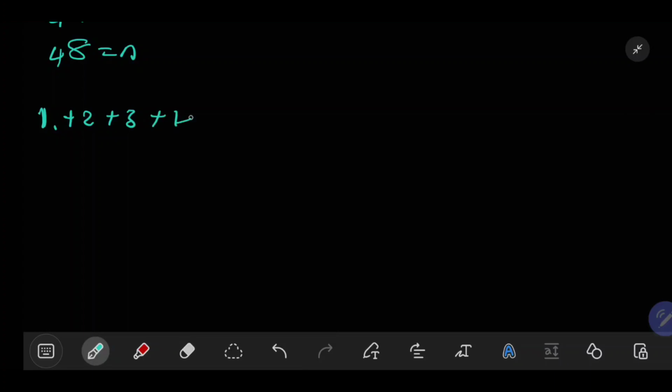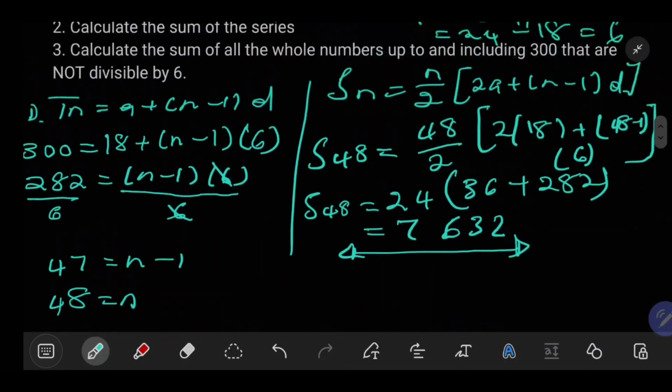Okay, they say all the whole numbers up to 300 or including 300. So it means when they speak of all whole numbers, it's 1. Okay, they want the sum. Okay, it's 1 plus 2 plus 3 plus 4 plus 5 plus 6 plus up until 300. Okay, they want us to calculate what?